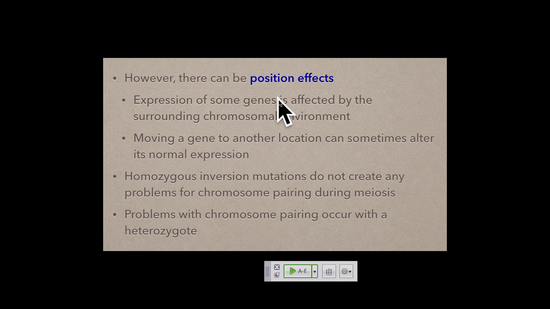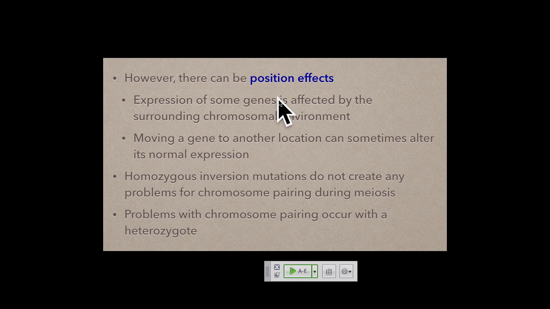There's no RNA being produced. It's very quiescent. So this gene needs to be actively expressed, but when you invert it, you bring it into a part of the chromosome that's now quiescent. So position effect just means how that gene is expressed is altered because it's being put into a new neighborhood, if you want to think about it that way.